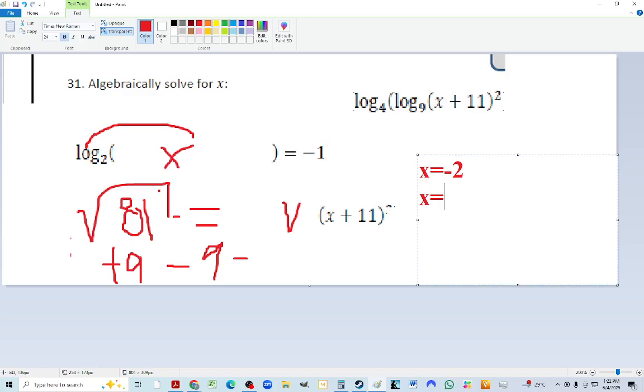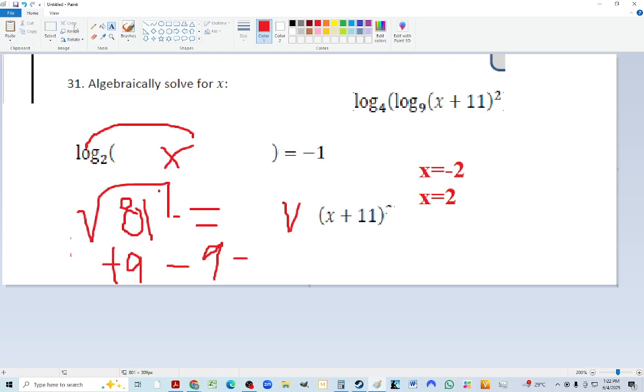That will give me the correct answer. Interesting. And then when we go back to the equation, we'll learn that one works and one doesn't.